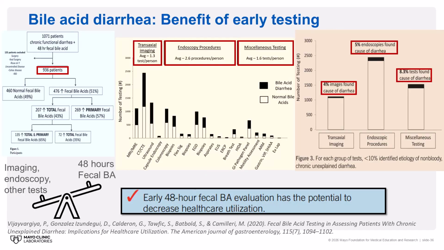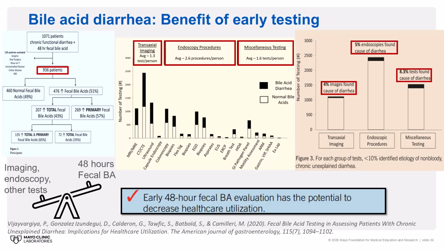We also know that in the same cohort, the patients who have the diagnosis of bile acid diarrhea, if you look at the right side of the slide, you'll see the types of tests that were also done in these patients in an attempt to identify the cause of the diarrhea.